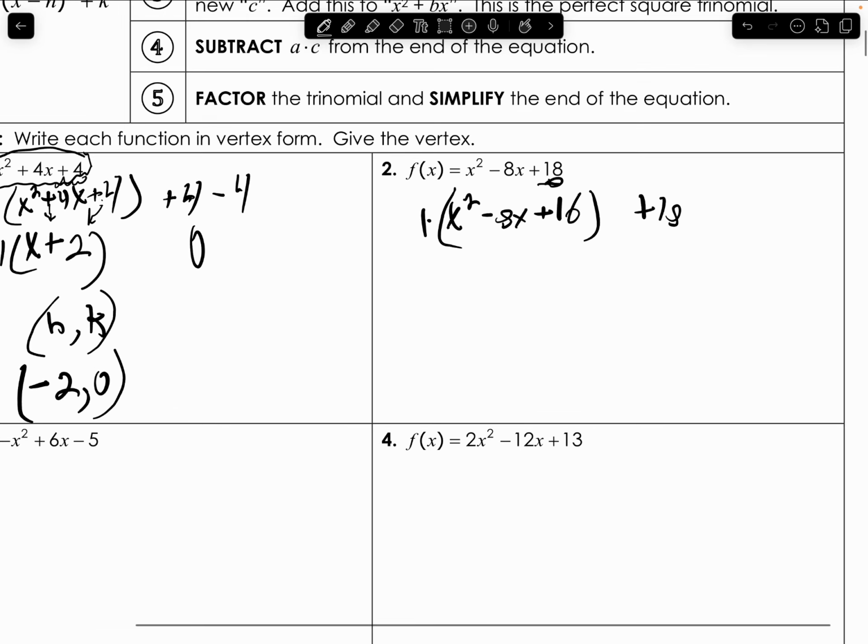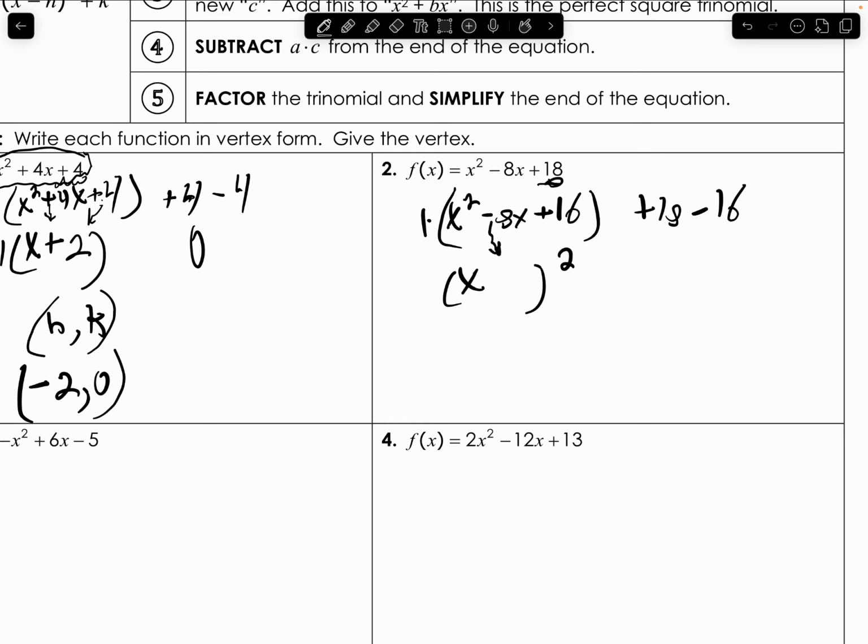We added 16, so we're going to take away 16, which means that I've got my perfect square trinomial, x, the middle sign, minus, and the square root of the last term, the c term, and then we got 18 take away 16, which is 2. My h is 4, and my k is 2. That's my vertex. But this is my function, right, in vertex form. These are all equal to the original.